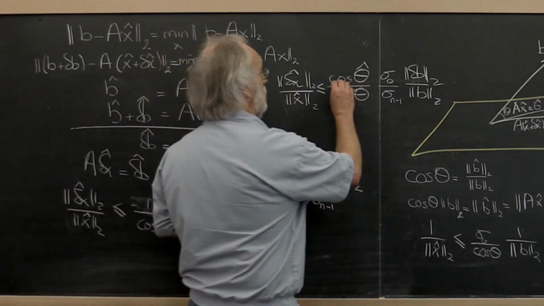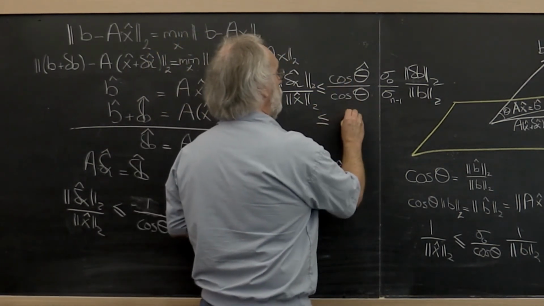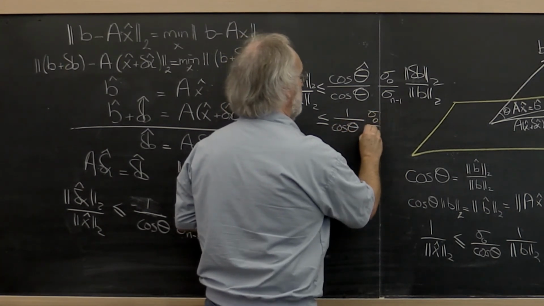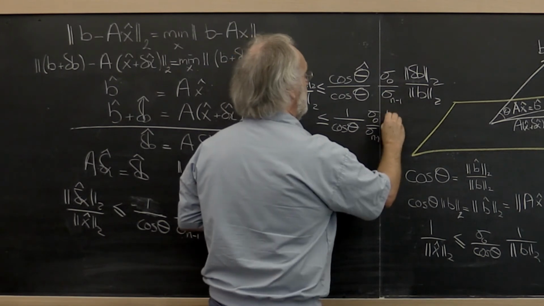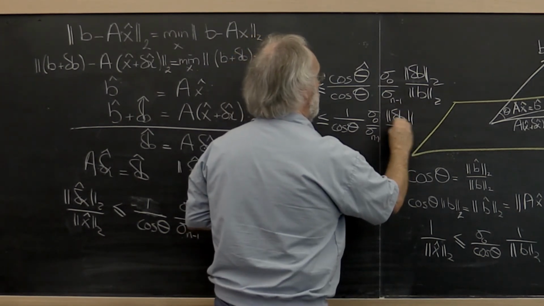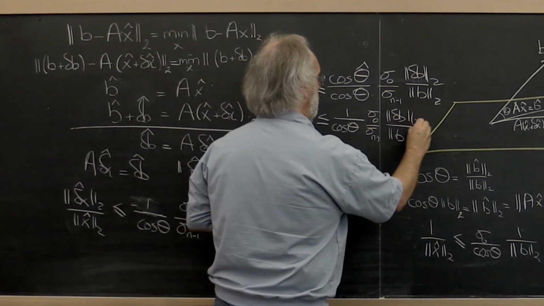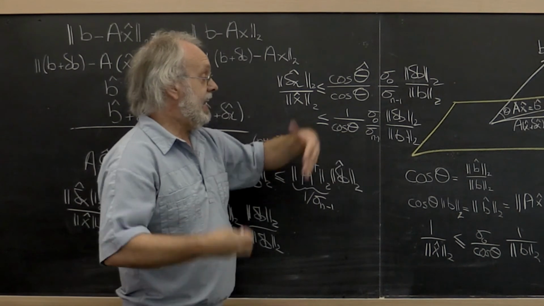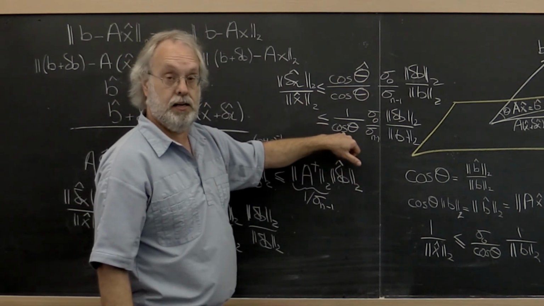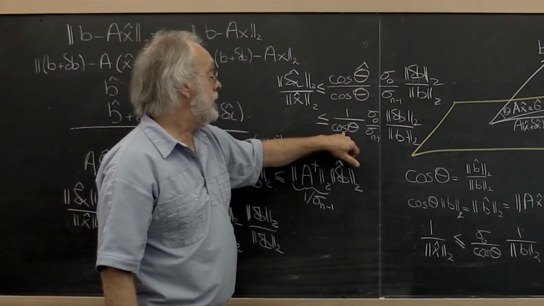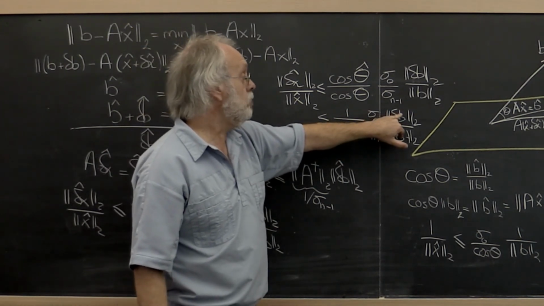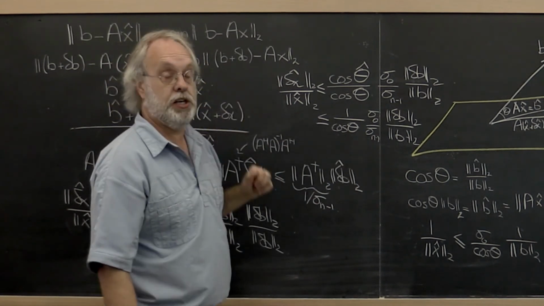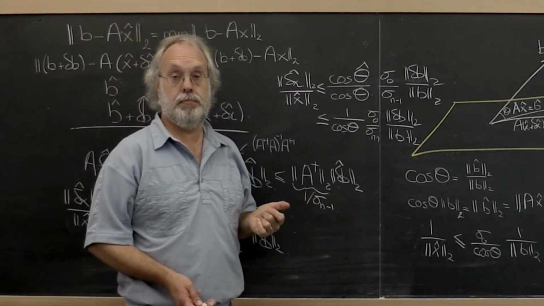So at worst, that's less than or equal to 1 divided by the cosine of theta times sigma 0 over sigma n minus 1 times the change in B over B. Now, cosine theta is determined by the actual right-hand side, so that needs to stay. And this then tells you by how much a change in the right-hand side can be amplified into a change in the solution of the linear least squares problem.